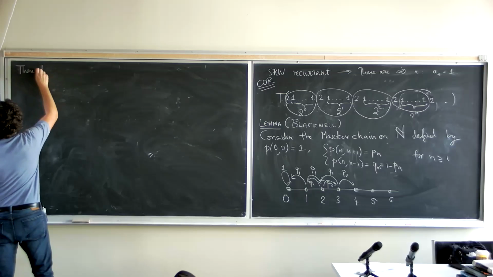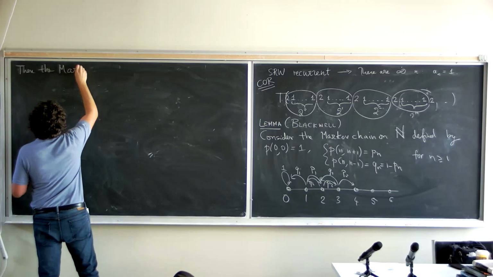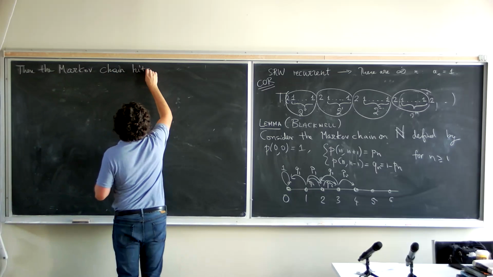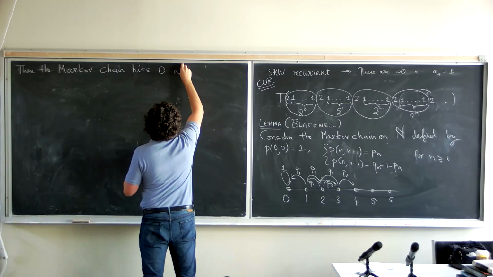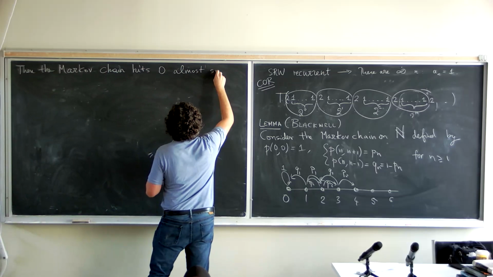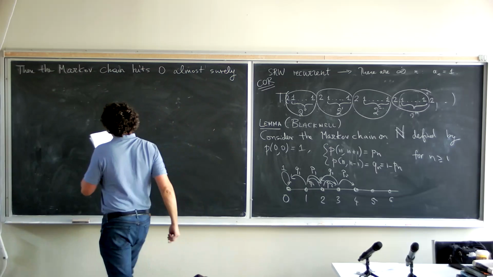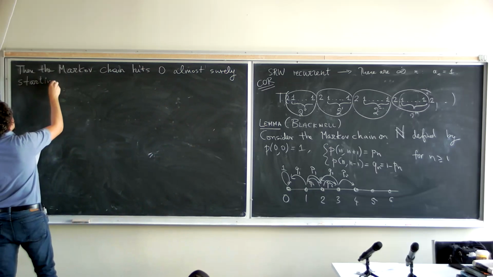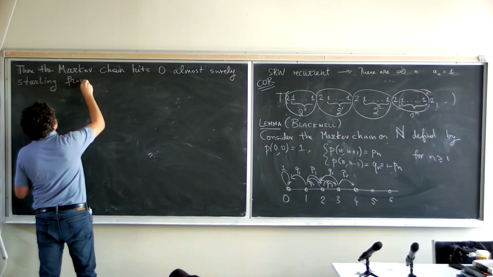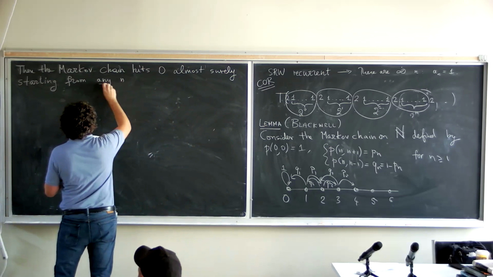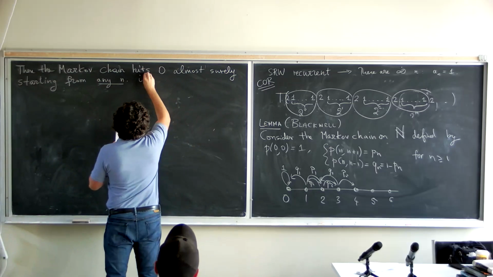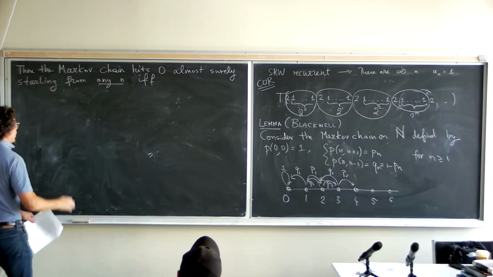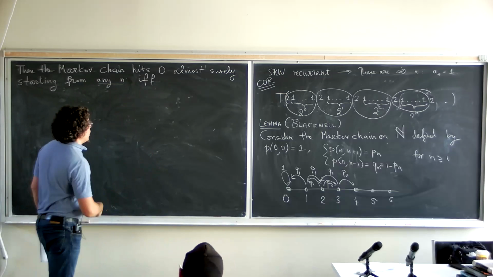Then the Markov chain hits 0 almost surely, so with probability 1, starting from any n, if and only if, and you see that the condition will be related to what we will call harmonic functions.